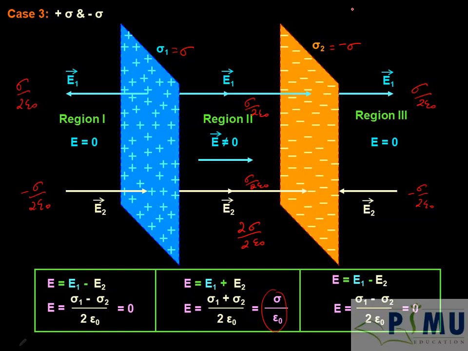this sheet arrangement will divide the space into 3 regions: region 1, region 2 and region 3. Electric field exists only in the region between the sheets. On the other two sides it will be 0.